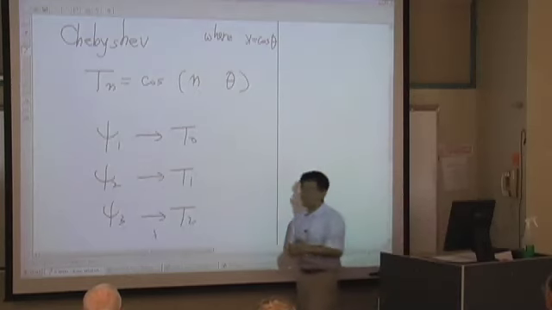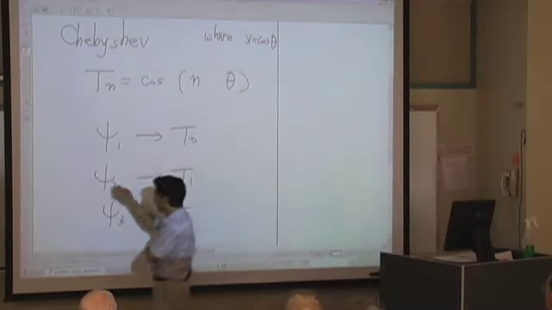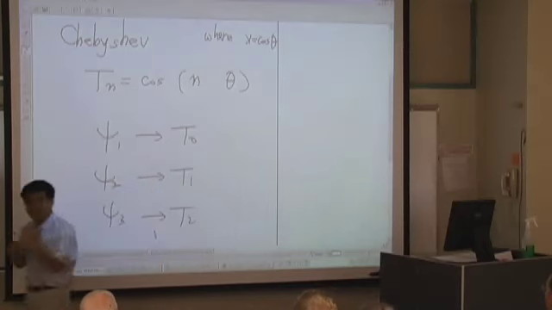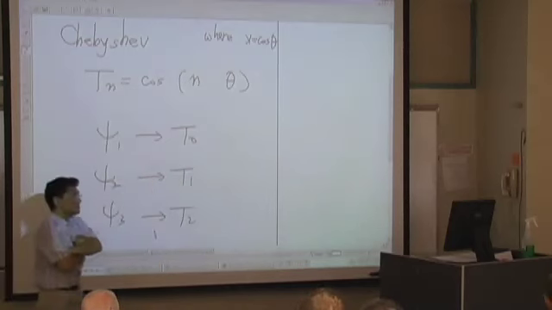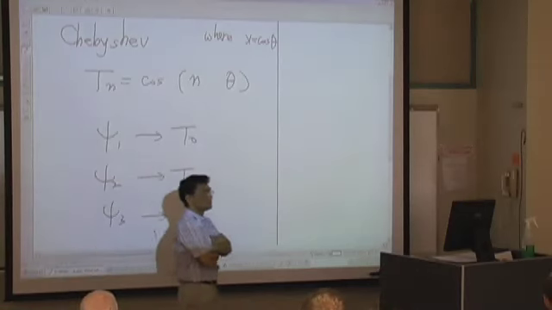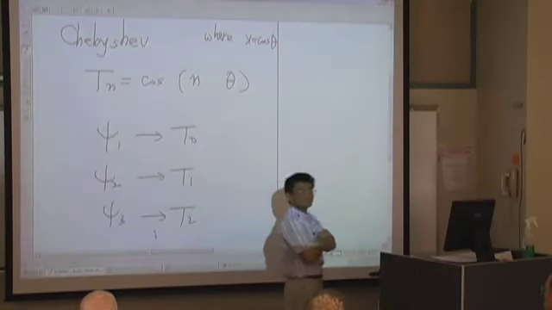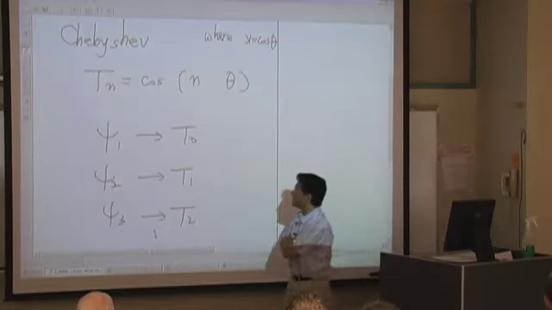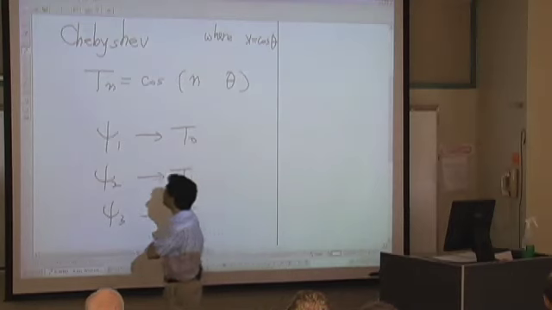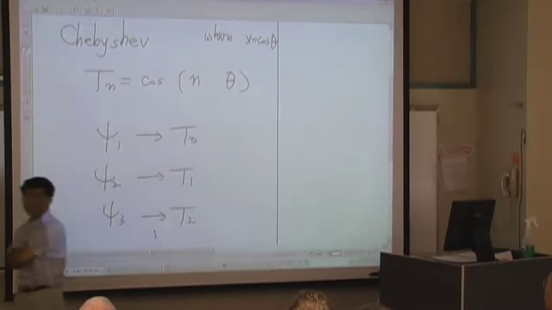So we can generate psi 1, psi 2, psi 3 not by the Gram-Schmidt process, but by the formula t0, t1, t2. And then we can also find the orthonormal basis by multiplying something that I wrote on the summary.